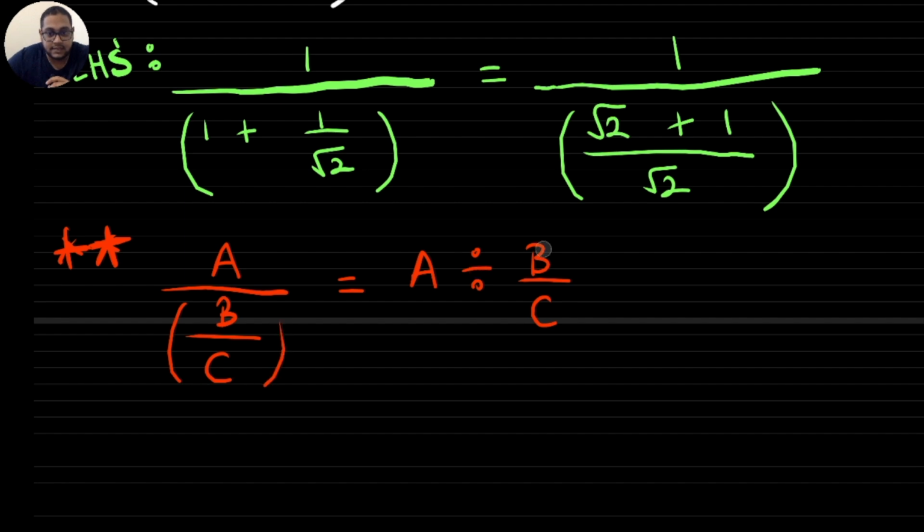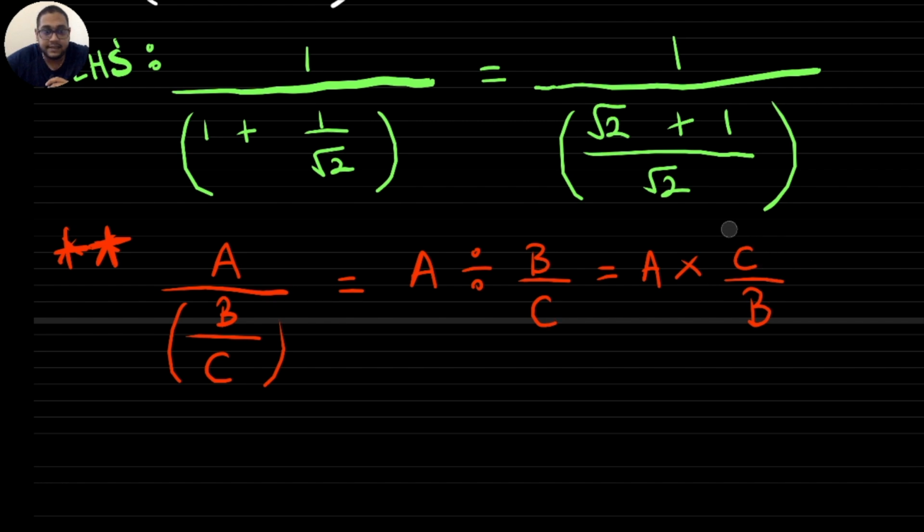B over C stays the same, and division changes to multiplication. And if this sign changes, you have to ensure that B over C would now become C over B. This step is called reciprocal, and as you apply the principles of reciprocal, the sign also has to change. So division has changed to multiplication, and the fraction has changed from b over c to c over b.